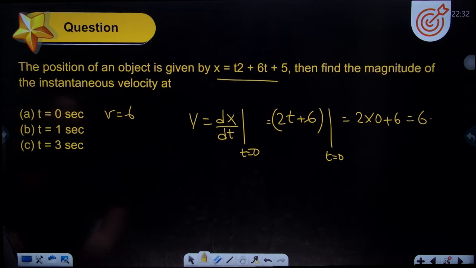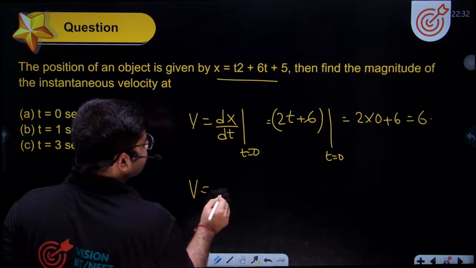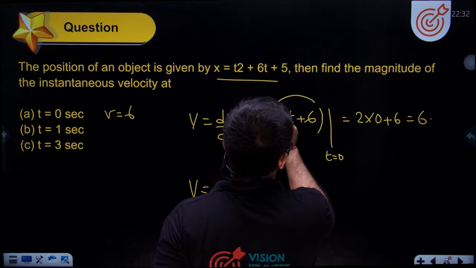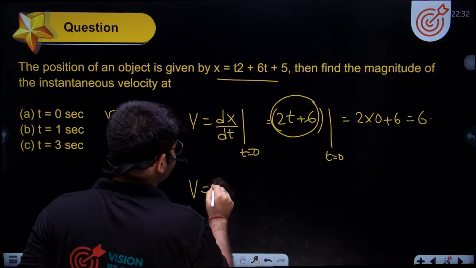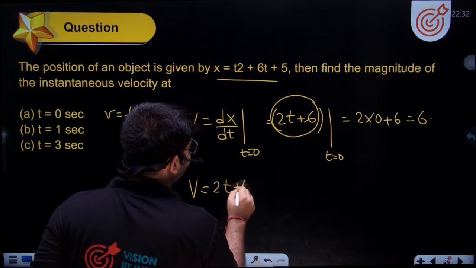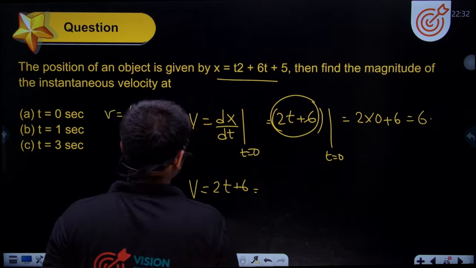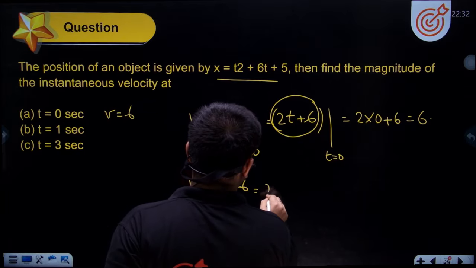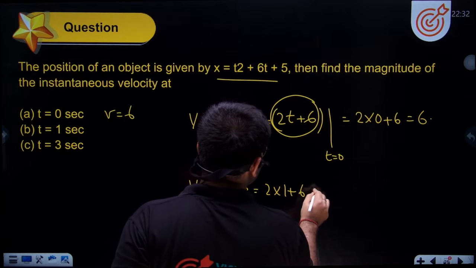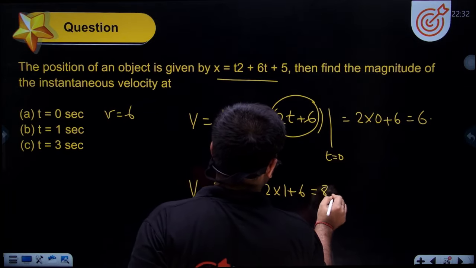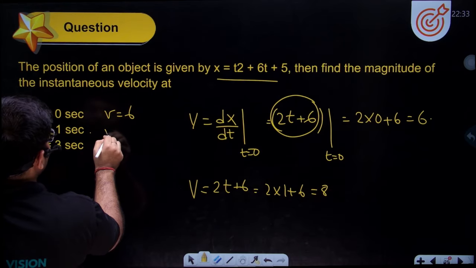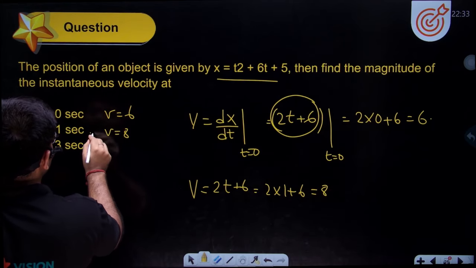Meter per second it should be. Now at t is equal to 1 second, what is the velocity? The expression is just the same, so you can use this expression only. I have differentiated it and got it. So at t is equal to 1 second, 2 into 1 plus 6 is going to give you 8. So v is equal to 8 here.